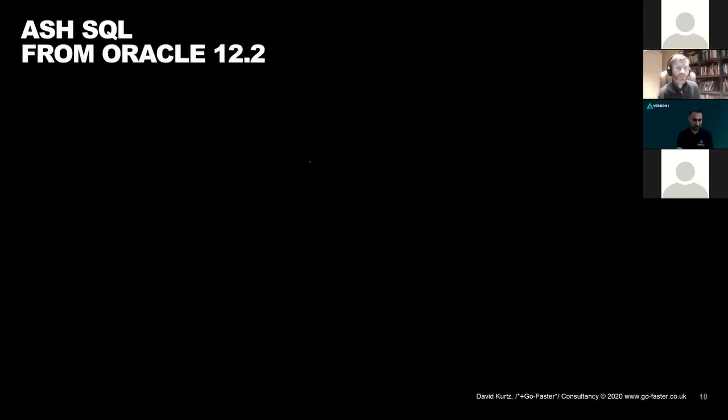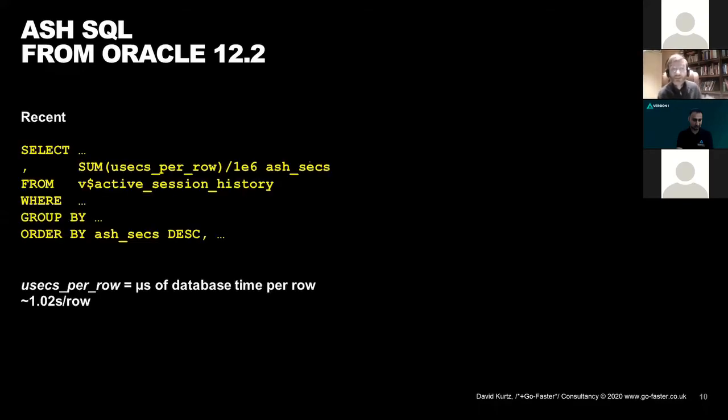From Oracle 12.2, there is a new and as yet undocumented column on the ASH data, USECS_PER_ROW. They use U instead of the Greek letter mu. It's microseconds since the last ASH sample. So you could start to write SQL which is just sum USECS_PER_ROW divided by 1 million. And now that's the number of seconds of DB time.